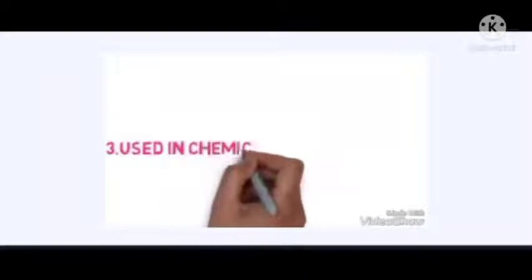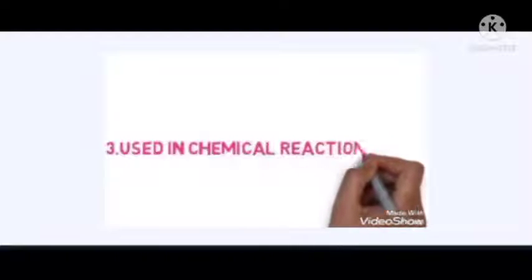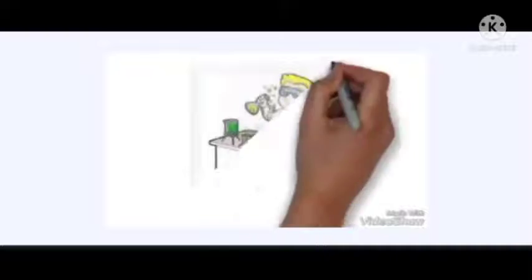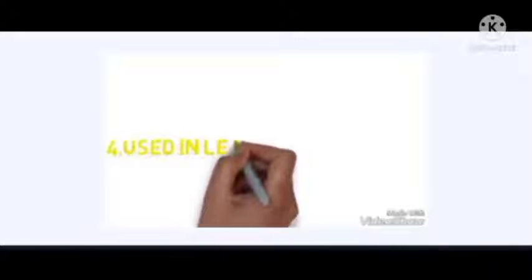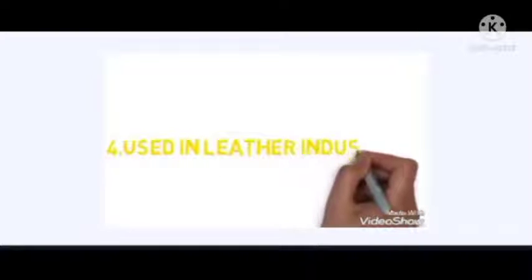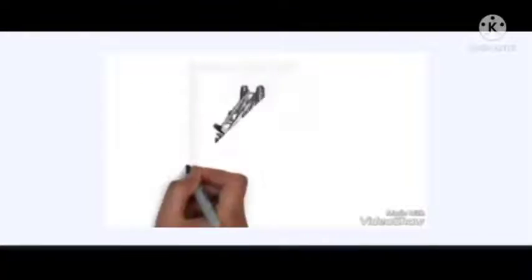Number 3: used in chemical reactions. We can make any sort of chemical reaction with hydrochloric acid in the lab. Number 4: used in leather industries. In leather industries, many things are made of leather. There, hydrochloric acid can be used and it is used.